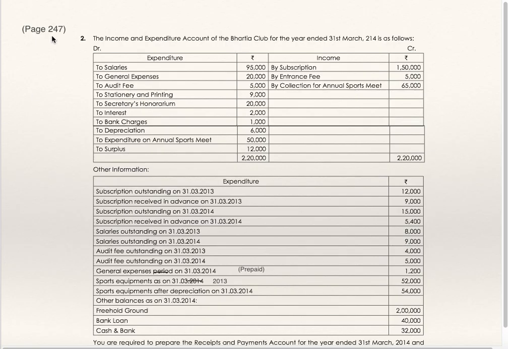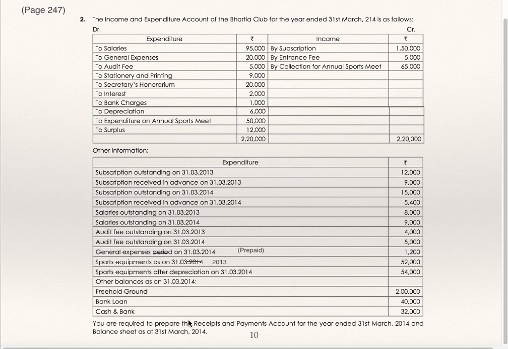Now go to question number 2, page number 247. Income and expenditure account is given, additional information is given, and you are required to prepare the receipt and payment account for the year ended 31st March 14 and the balance sheet as at 31st March 14. We'll first see the adjustments. Subscription outstanding, opening, closing; received in advance, opening, closing; salaries outstanding, opening, closing; audit fees outstanding, opening, closing; general expenses prepaid, only closing.